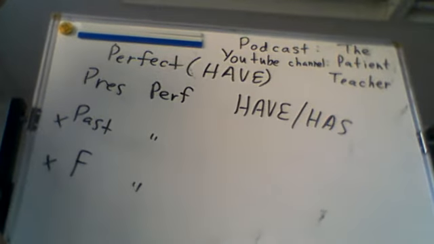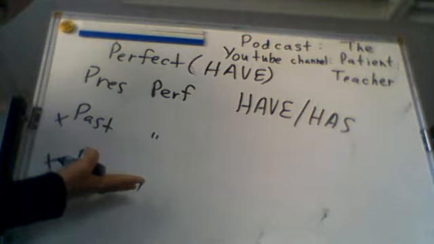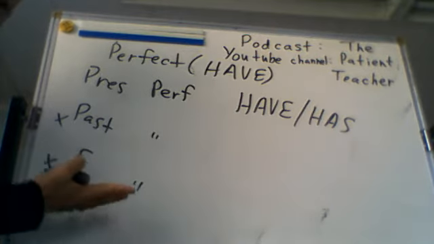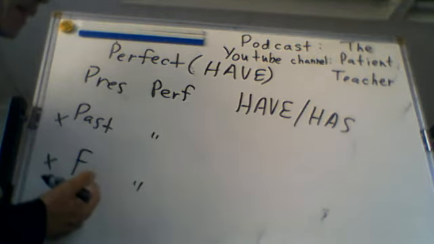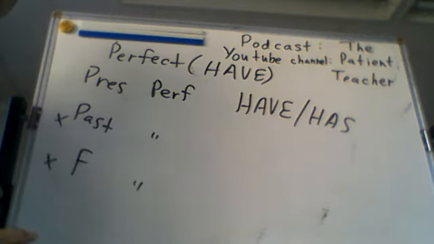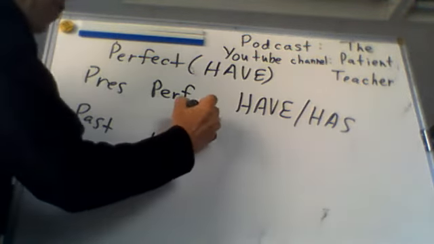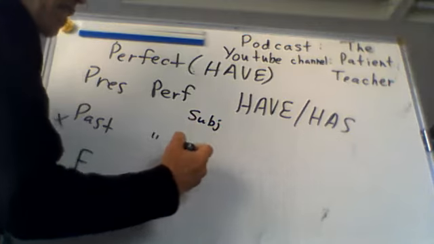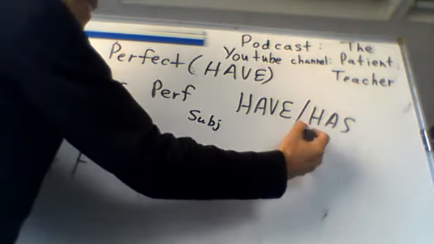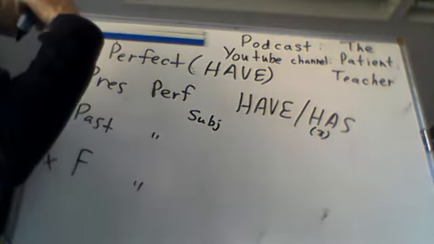Especially in the beginning, you'll hardly ever see it. You'll need it later, but at the moment, you'll probably rarely see it, okay? But present perfect, you'll use quite often. So don't forget, you have the subject, and then either have or has for the third person, okay?